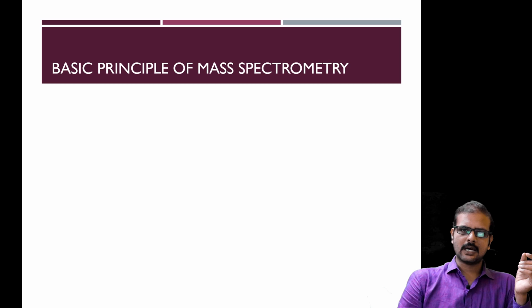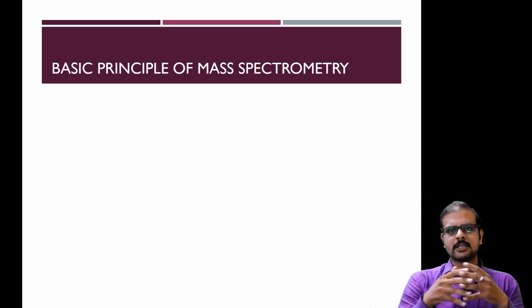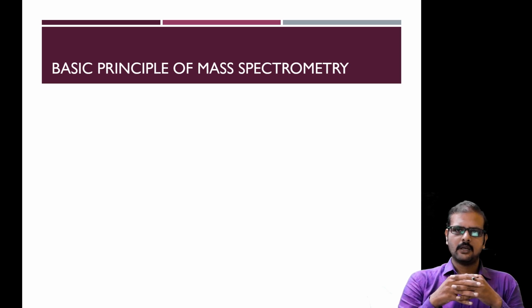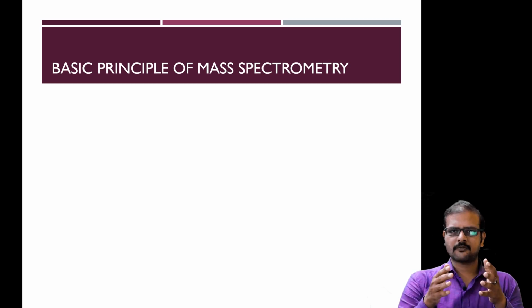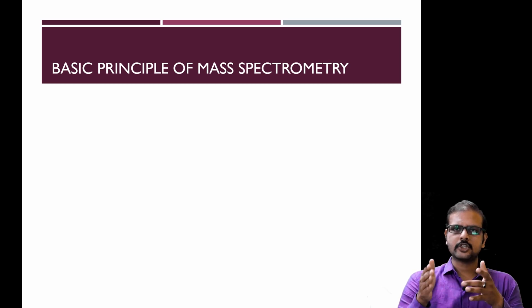So next we will see the basic principle of mass spectroscopy. What is the principle behind mass spectroscopy? In mass spectroscopy, the molecule is first ionized, or converted into a positive charge.